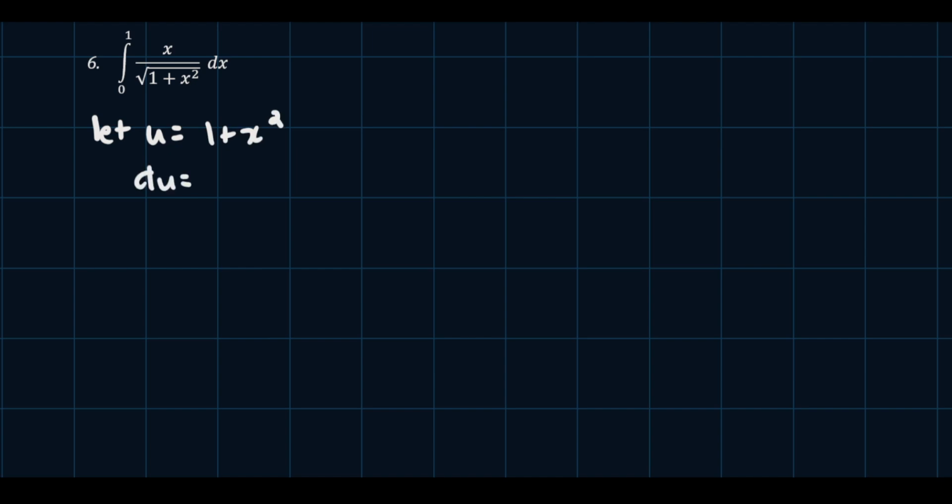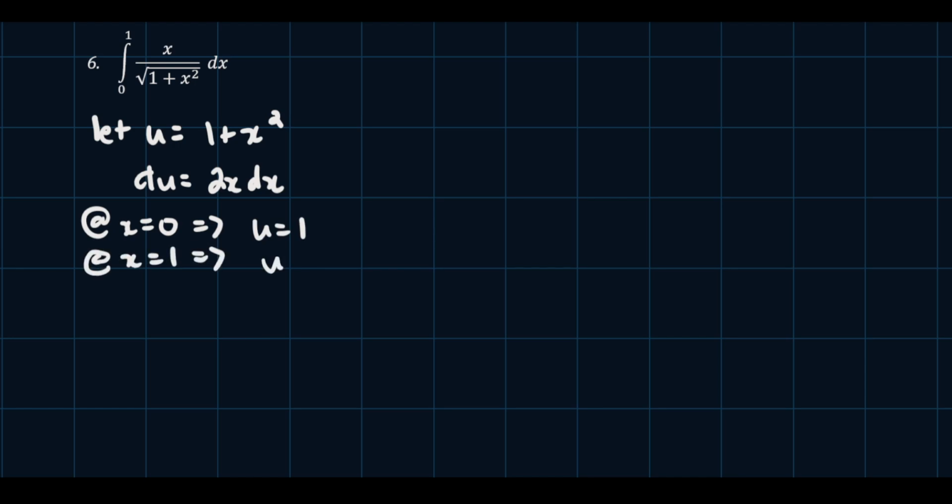This would mean that du is equal to 2x dx. Moreover, for the limits of integration: at x equals 0, this will give us u equal to 1. And at x equals 1, this will give us u equals 2.